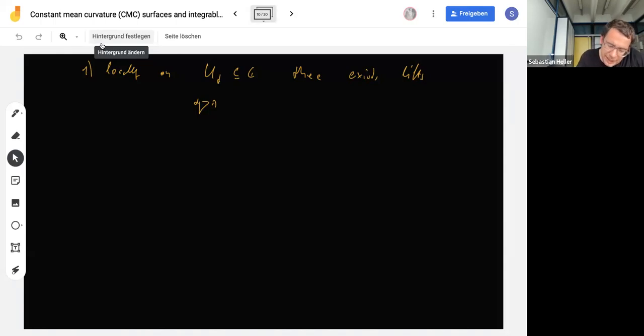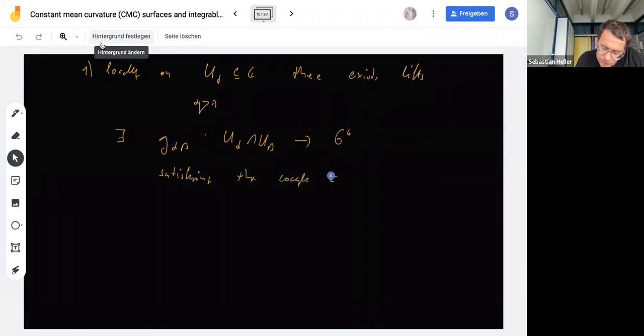So what we get is there exist maps G alpha beta from our intersection of these two subsets in the complex domain in the spectral plane into our complex gauge group, satisfying the cocycle condition and the property that nabla beta lambda is exactly nabla alpha lambda gauged by this gauge transformation G alpha beta.